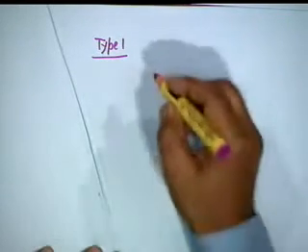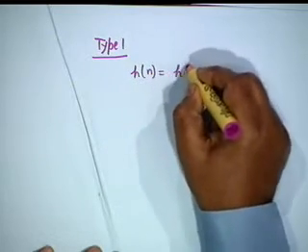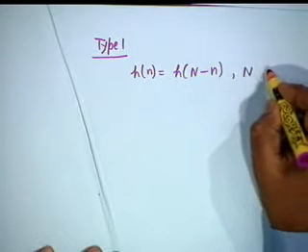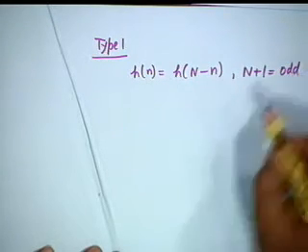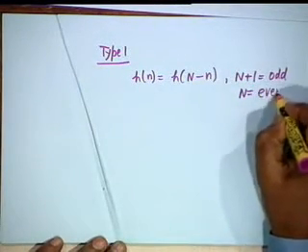Let us consider type 1. h(n) shall be equal to h(N−n), symmetrical, and capital N plus 1 is odd, length is odd, therefore capital N is even.